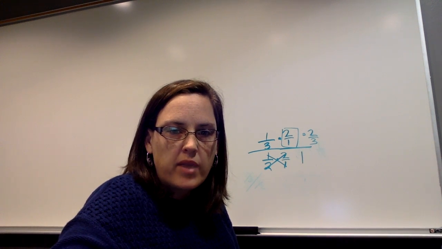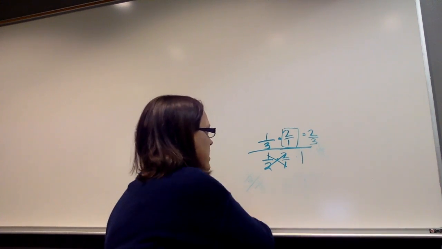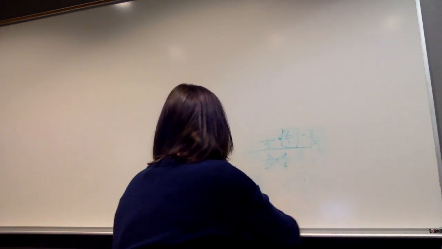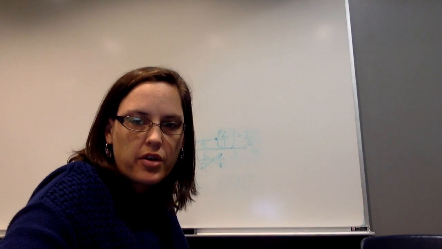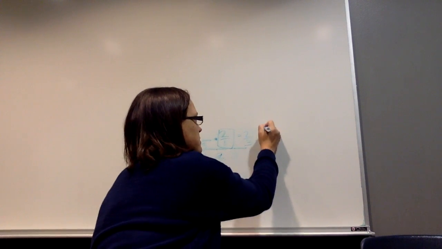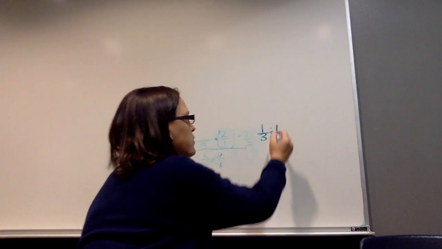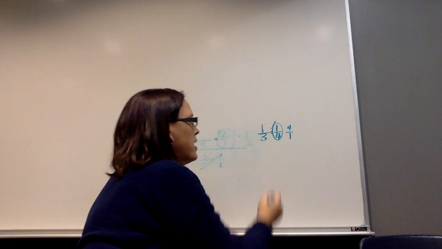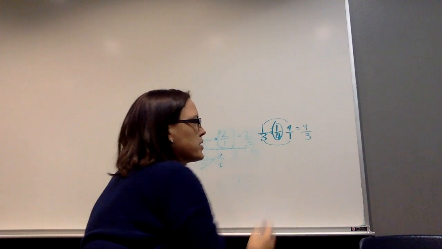Let's take a look at the bottom of page 194 at the three examples there, which is 1/3 divided by 1/4. If we write it out that way, we know that we do the reciprocal of 1/4, which is 4/1, and we get 1 times 4, which is 4, and 3 times 1, which is 3.